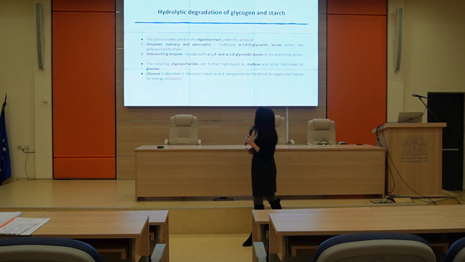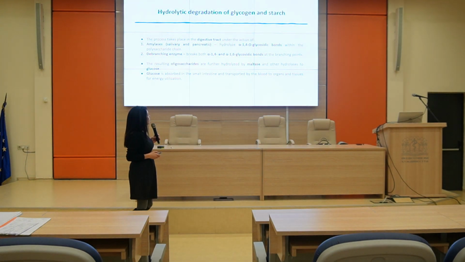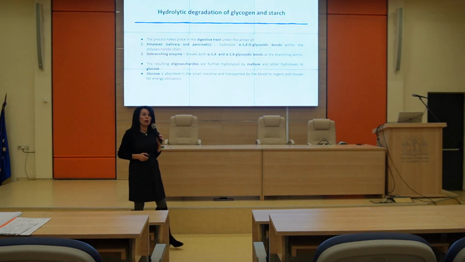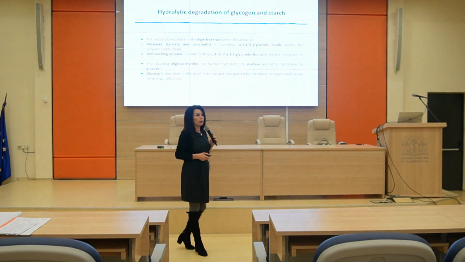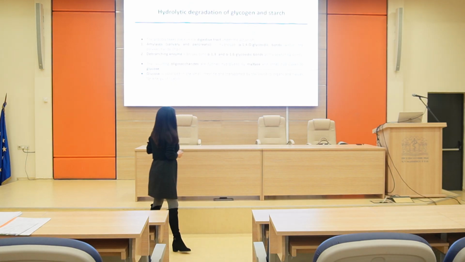Hydrolytic degradation of glycogen and starch. The process starts in the digestive tract by the action of amylases. You know two amylases, salivary alpha-amylase, and pancreatic amylase, which is secreted by the exocrine pancreas, and the action is in the small intestine.